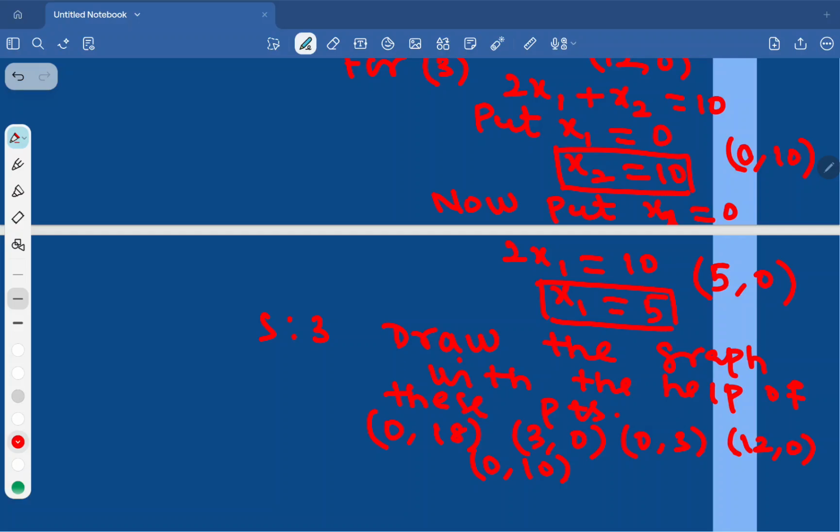This is step 3. First point (0, 18), second (3, 0), third (0, 3), fourth (12, 0), fifth (0, 10), and the last point (5, 0).